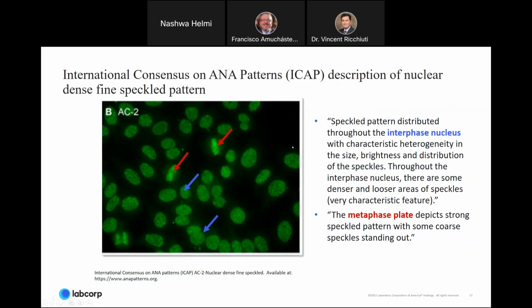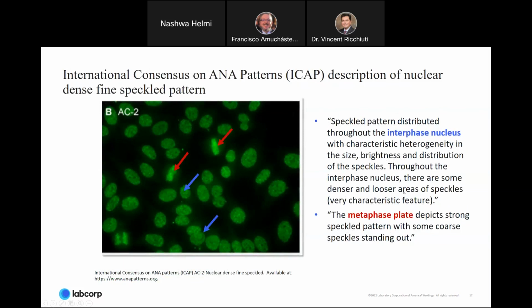We talked about the ICAP earlier, and the ICAP has a very clear description of the dense fine speckled pattern. It says the speckled pattern is distributed throughout the interphase nucleus, as you can see with the blue arrows here, with characteristic heterogeneity in the size, brightness, and distribution of the speckles.